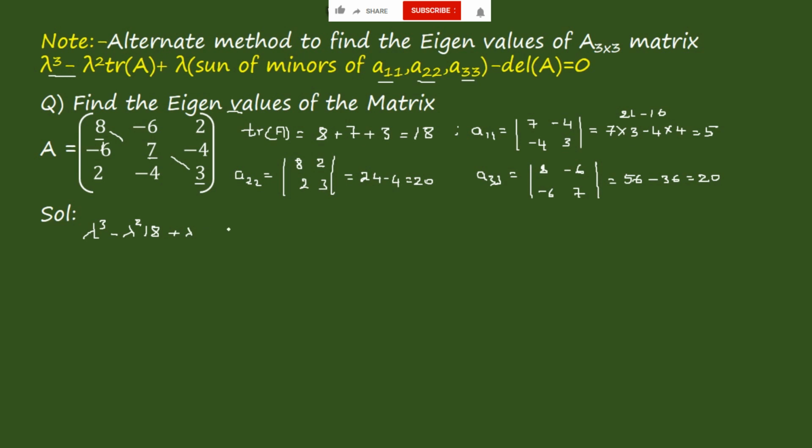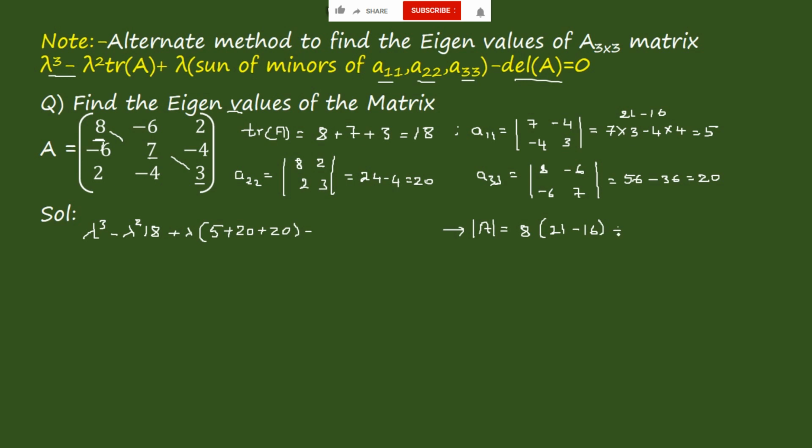So we add all of them: 5 plus 20 plus 20. And minus the determinant of A, which we have to find. Determinant of A is equal to, the first term is 8 into 7 3s are 21 minus 4 4s are 16.